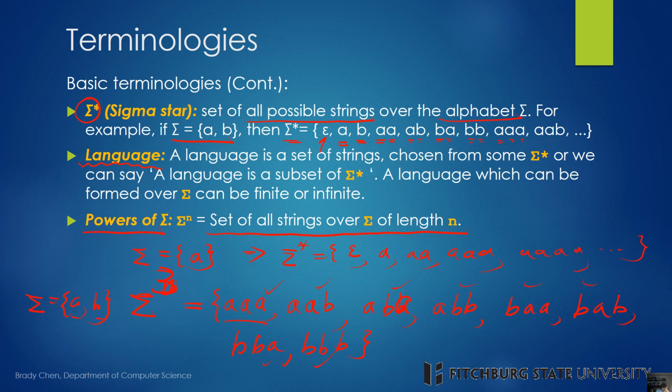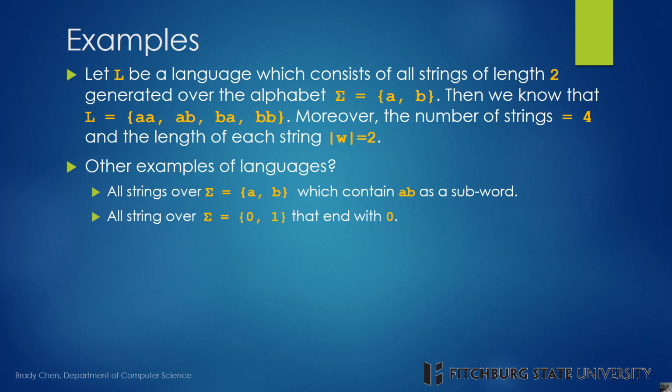Okay, here are some examples. Let L be a language which consists of all strings of length 2 generated over the alphabet sigma, which contains 2 elements, A and B. Remember, a language could be any subset of sigma star.